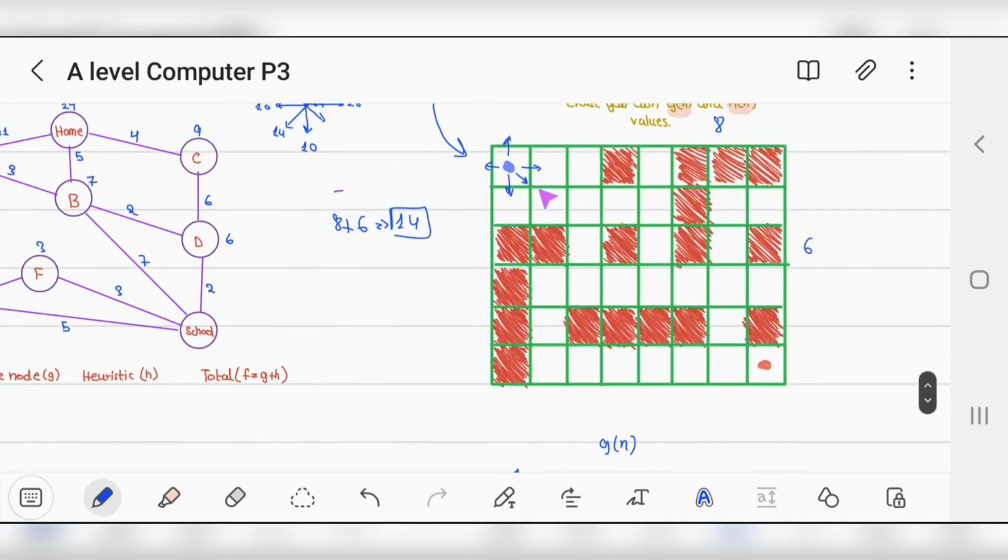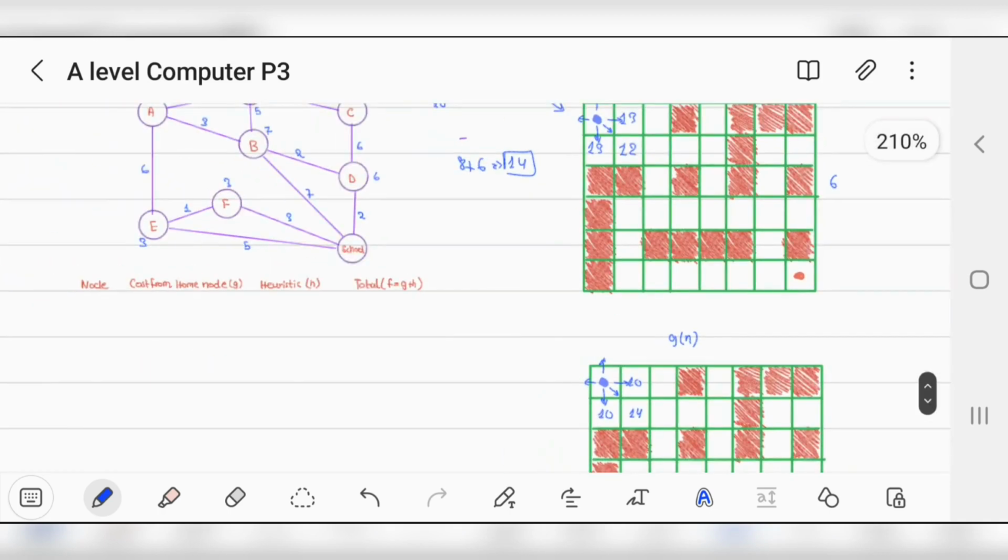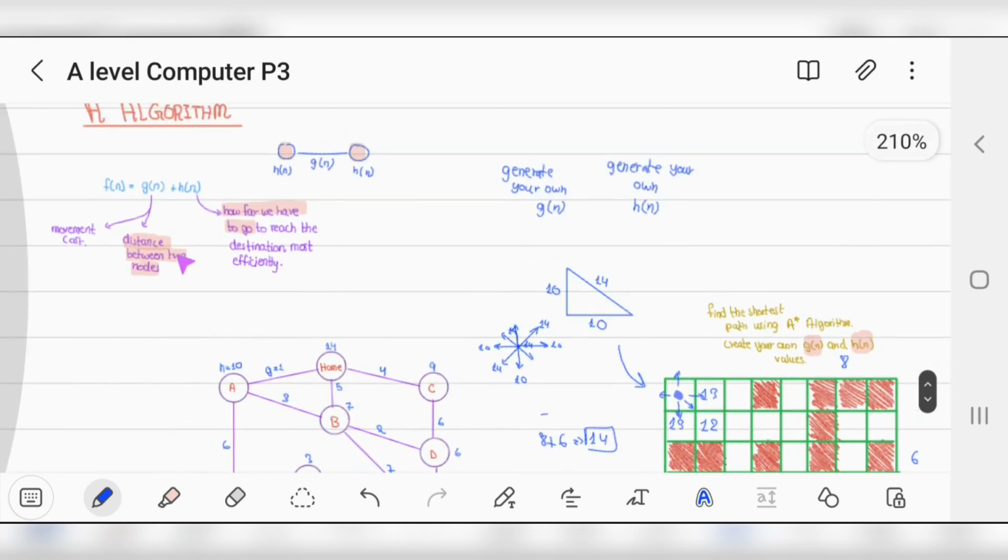Here it's going to be 13, since you're decreasing it, 13. Here it should be 12. 13, 12, 13, 12.